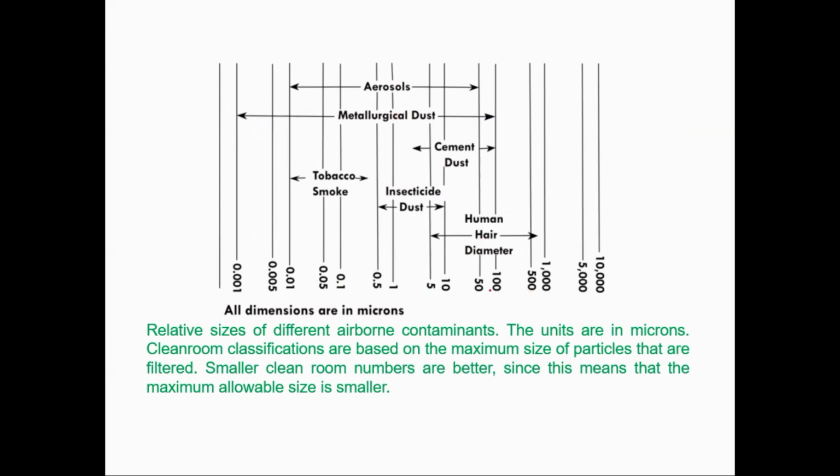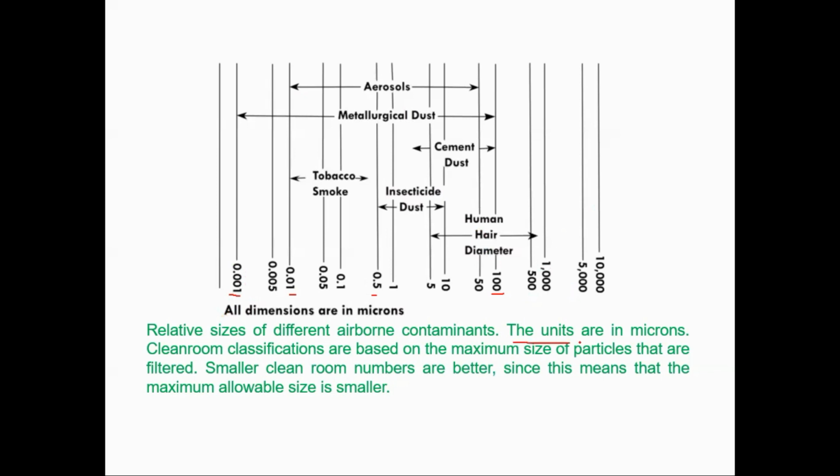Metallurgical dust can be from 100 micrometer to 0.001 micrometer. Tobacco smoke is from 0.01 micrometer to 0.5 micrometer. Then aerosols, cement dust, insecticide dust, and human hair diameter. They fall in a wide range of 0.001 micrometer to 500 micrometer.